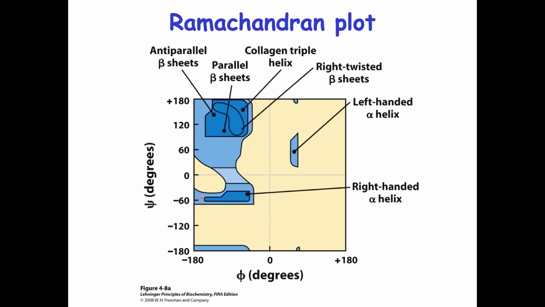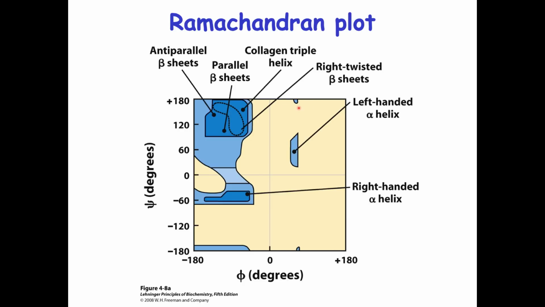What we see is that when you look at antiparallel beta sheets, parallel beta sheets, the collagen triple helix that we'll think about in a minute, and twisted beta sheets, all of these have much more constricted phi and psi angles. That's because they're much more constrained in the physical structures that they can take.